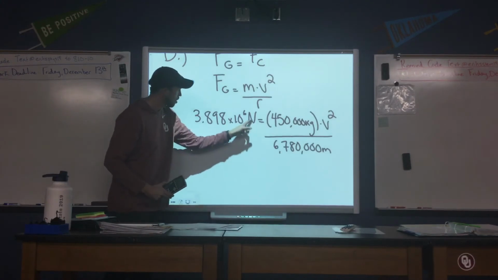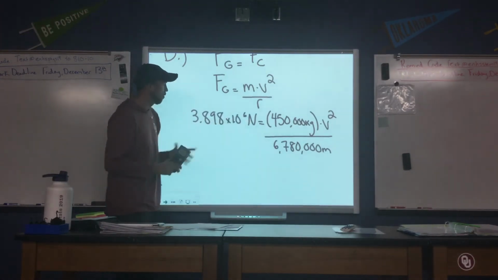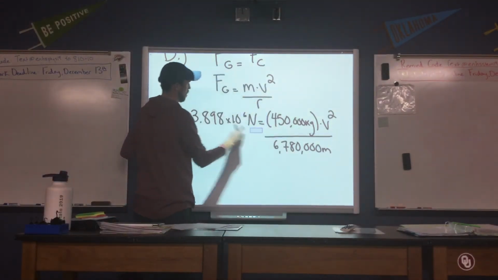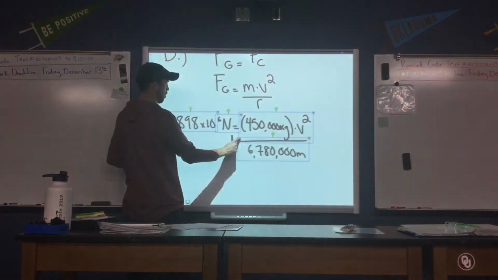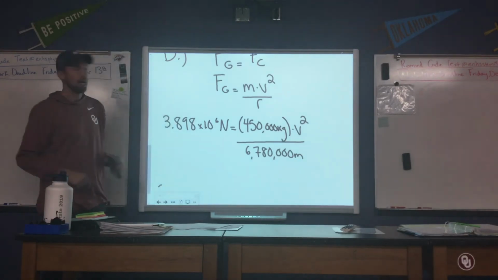Okay, so now we have most all the values that we need. Let's see if we can move this over just a little bit. There we go. Now, I need to get rid of a few values to get v by itself.